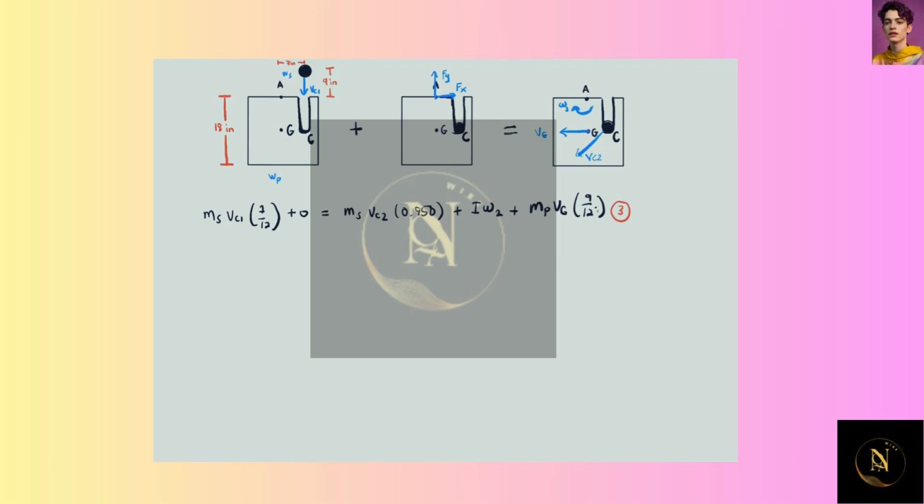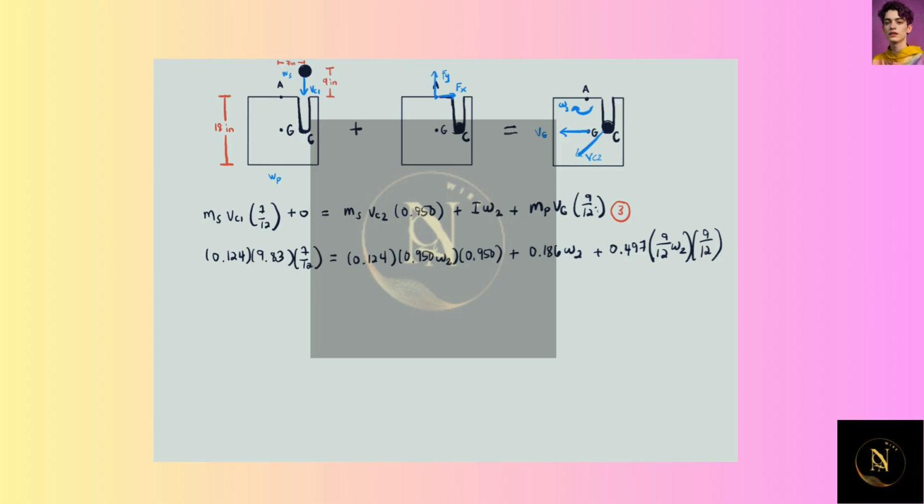Now, substituting the values that we have and also equations 1 and 2, this becomes 0.124 times Vc1, which is 9.83, times 7/12, equals 0.124 times our equation for Vc2, which is 0.950 omega, times 0.950, plus the moment of inertia, 0.186, times omega, plus 0.497 times the equation for Vg, which is 9/12 omega, times another 9/12.